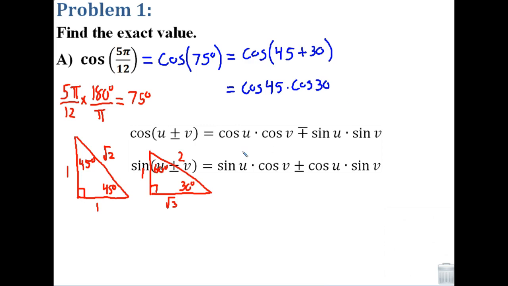Notice the way I have this written, with a plus-minus and a minus-plus. That just means whatever the sign is in the first case, you flip it for the second case. Since I have addition, I'm going to flip that to subtraction: sine of my first angle, sine 45, times sine of the second angle, sine 30.